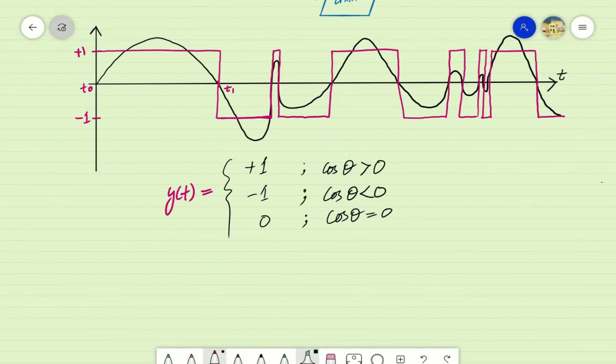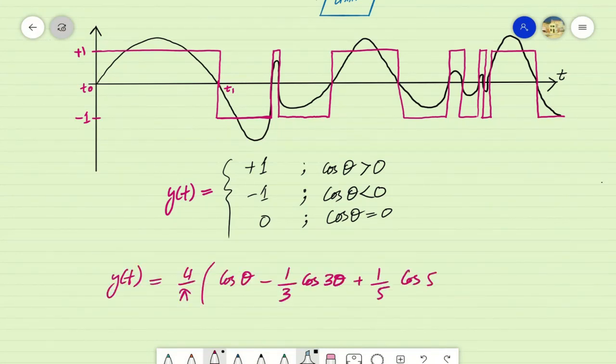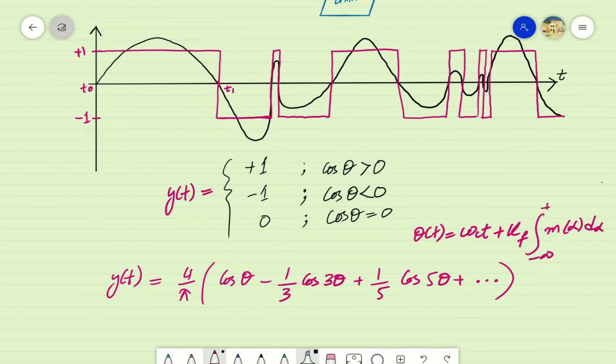The square wave can be expanded by employing Fourier series expansion, and it can be represented as a sum of multiple sinusoids, and so on. Particularly for our case, theta is a function of time which is defined as the running phase plus a shift in phase caused by the integral of the information signal, which represents the case of frequency modulated signals.